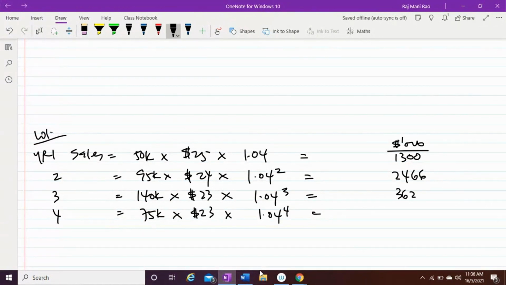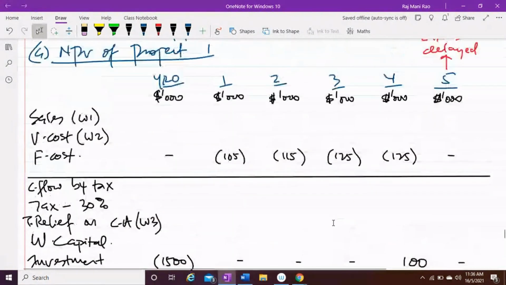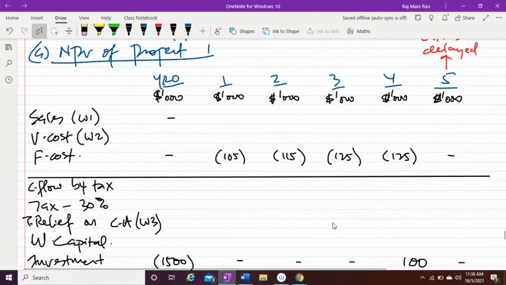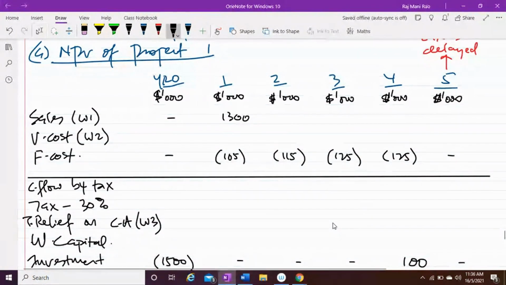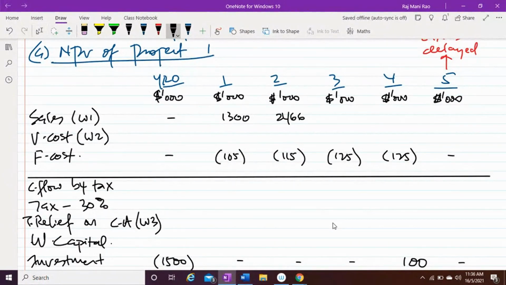Year 4: 2018. So put it here: 132466, 3622, 2018.